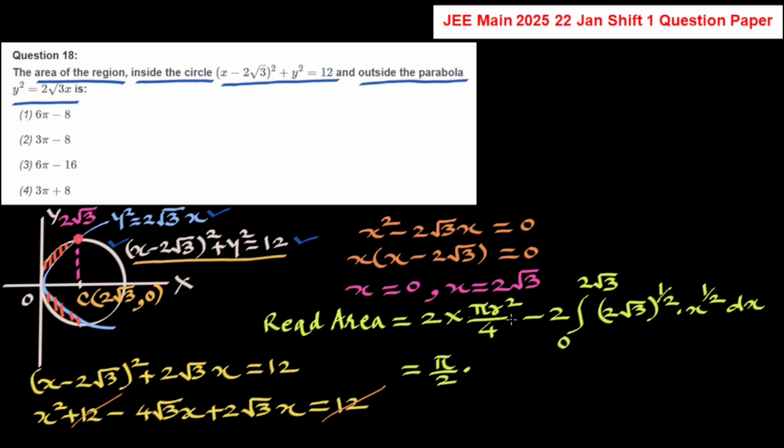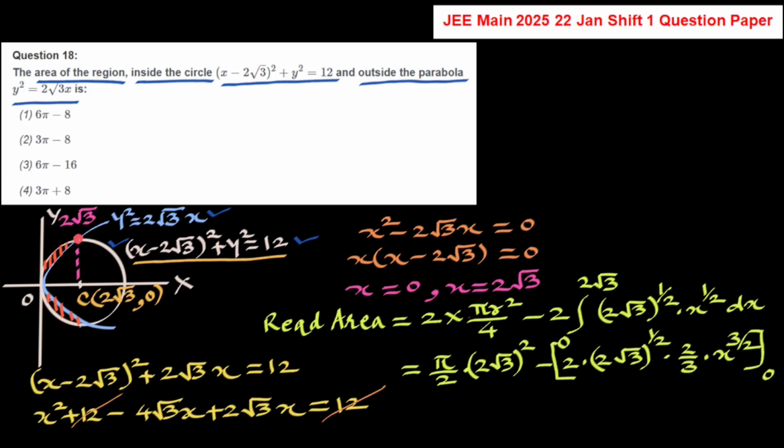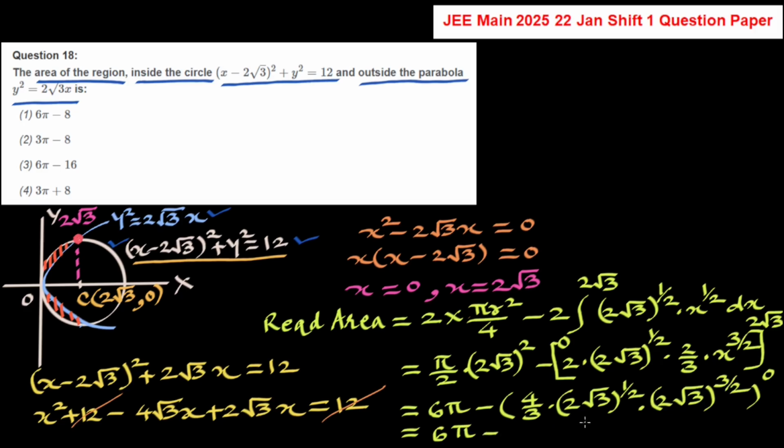That is pi by 2 into radius 2√3 squared, minus 2 into (2√3) to the power half into the integral (2/3) x raised to 3/2 from 0 to 2√3. (2√3) squared will be 12. 12/2 gives 6 pi, minus 4/3 into (2√3) to the power half into (2√3) to the power 3/2. 6 pi minus 4/3 into (2√3) to the power half plus 3/2, which is 2.